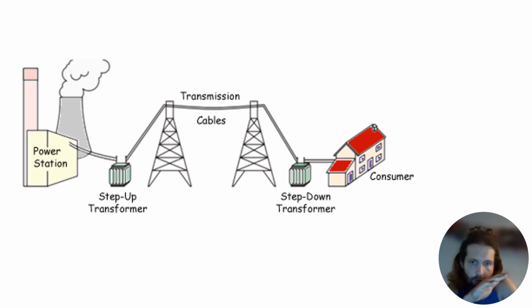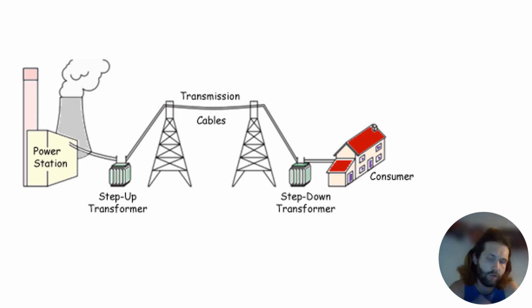Then we have that current traveling towards a transformer. Here we have a step-up transformer, some transmission cables, and then a step-down transformer. The purpose of these transformer substations is to increase or decrease the voltage for the needs of the situation.